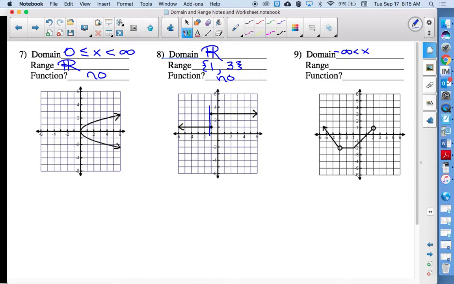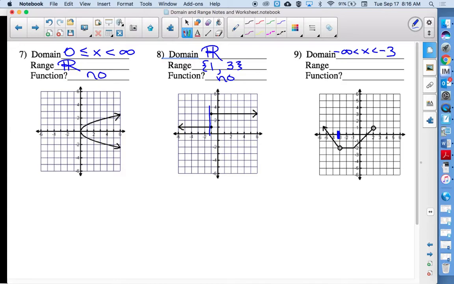So one piece, if I stop right here at negative 3, would be negative infinity is less than x, which is less than negative 3. Because there's a hole in the graph, I'm going to stop at that point because that point doesn't exist.